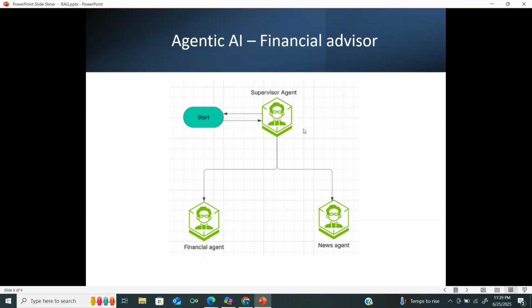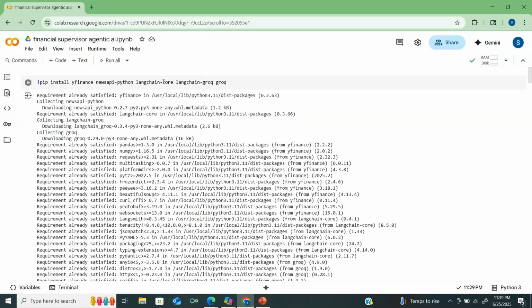It will then analyze the data it got, and the supervisor agent will make a decision and provide the decision to the user. So let's head to the Google Colab and show you.